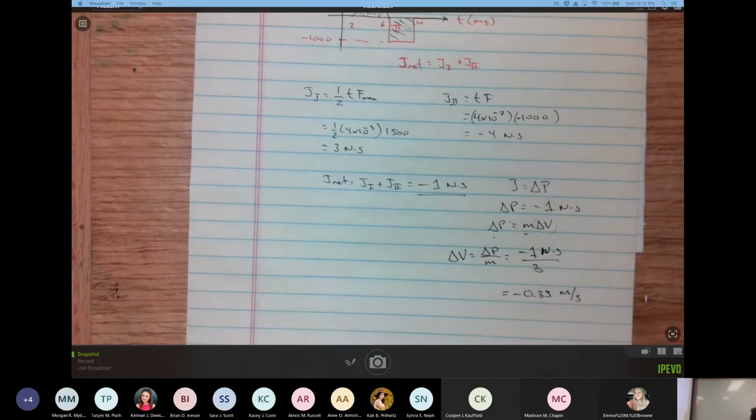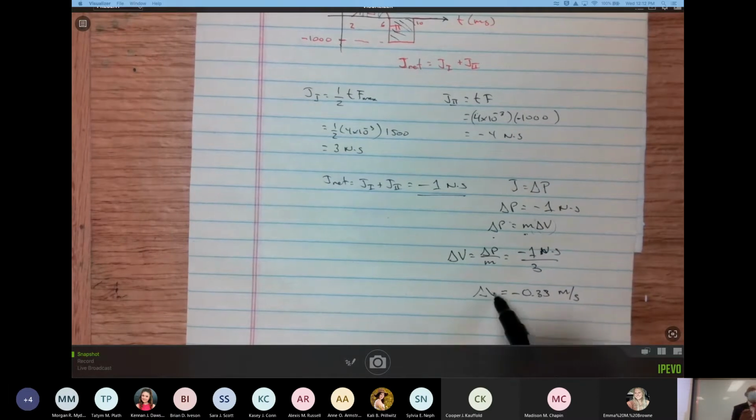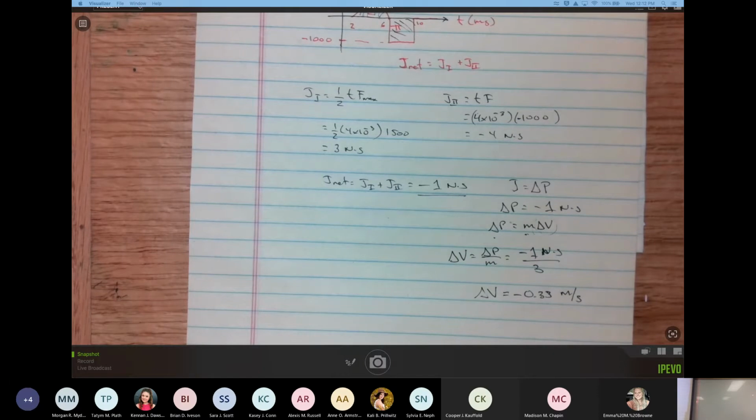So this is not an absolute change. We don't know what the initial and what the final velocity is. What we know is that delta V is final minus initial. We know that the initial is going to be bigger than the final velocity. That's the only thing that we know.